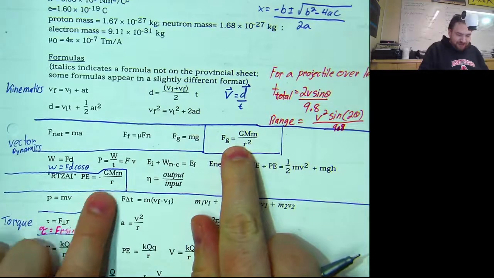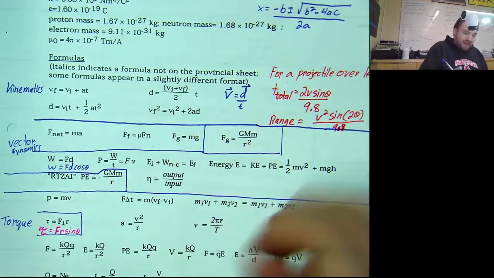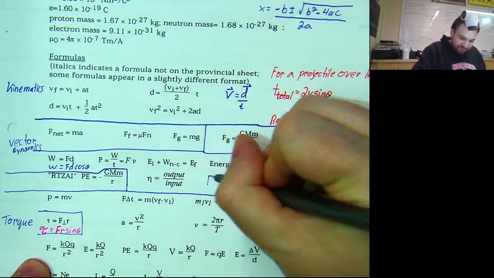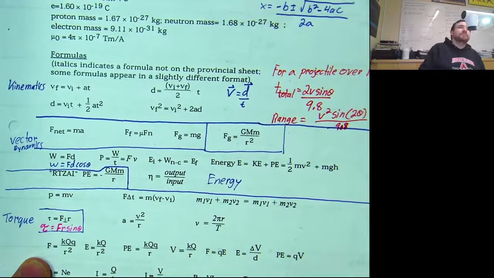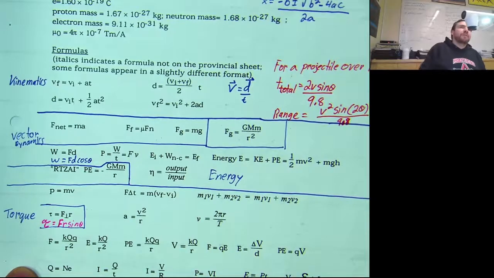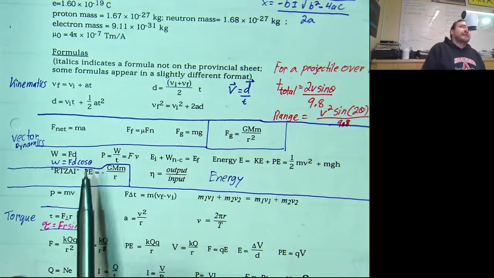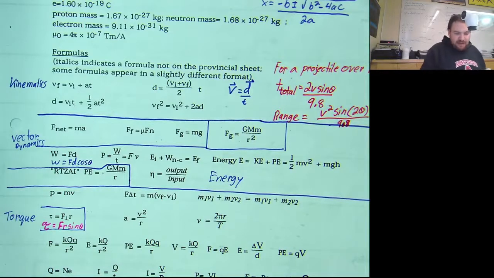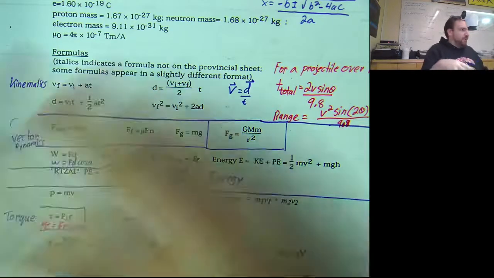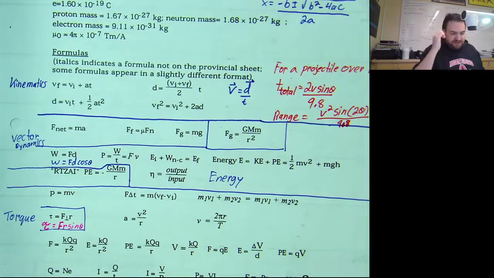This guy's going to join up with these guys down here, but this is all the energy stuff. And we'll add work equals force distance cos theta. You don't necessarily have to section it off the way I'm doing it. I found it to be a useful exercise when I was in university, just to help guide where I'm looking on my formula sheet, but that's neither here nor there. So there we go.